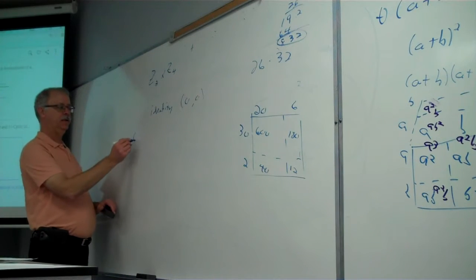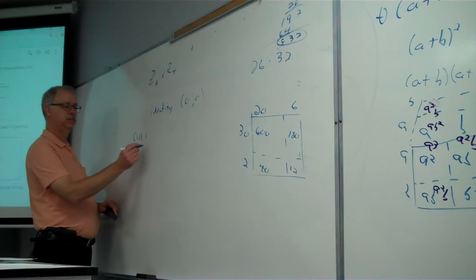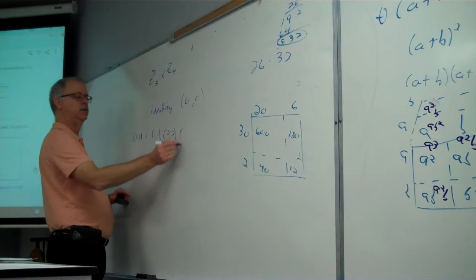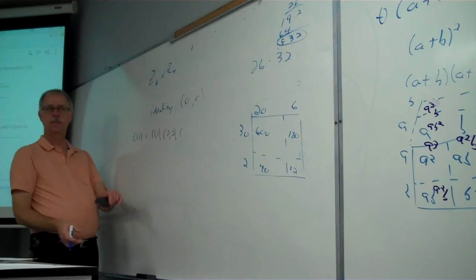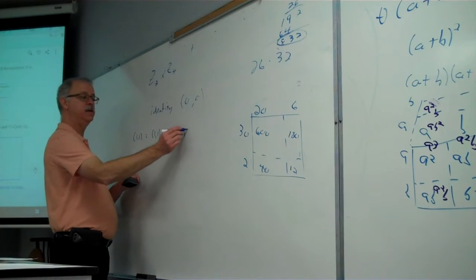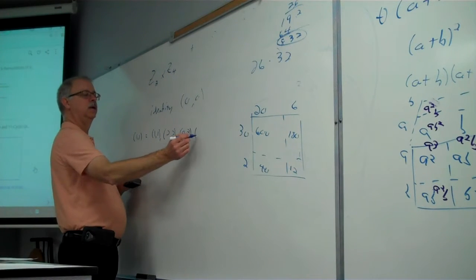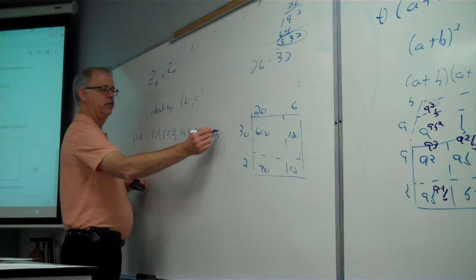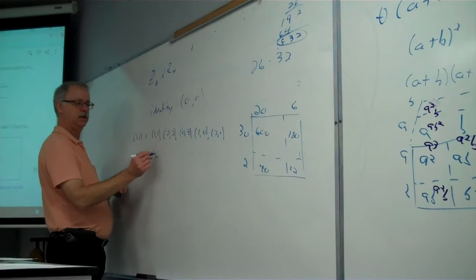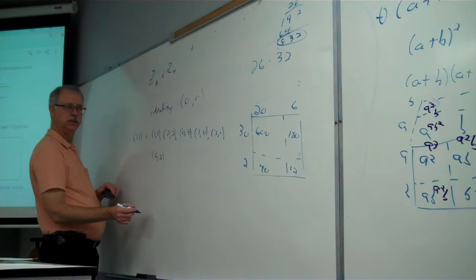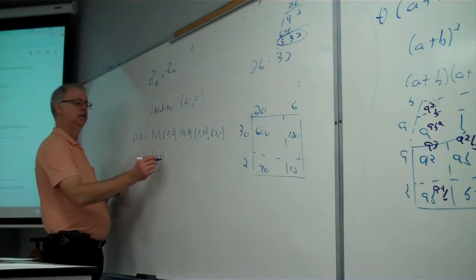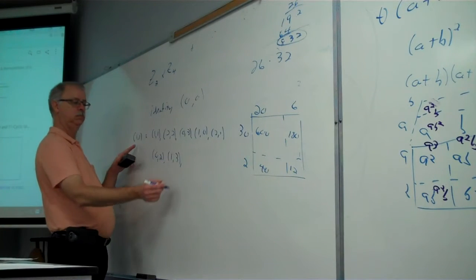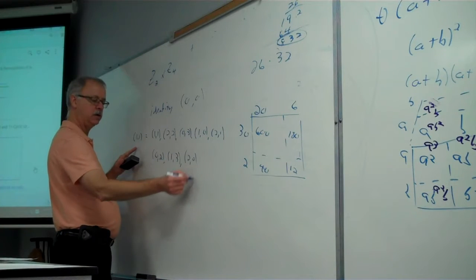So if we started with, say, 1, 1, we'll get 1, 1, 2, 2. What do we get next? 0, 3. Then 1, 0. 2, 1, 0, 2. 1, 3, 2, 0.